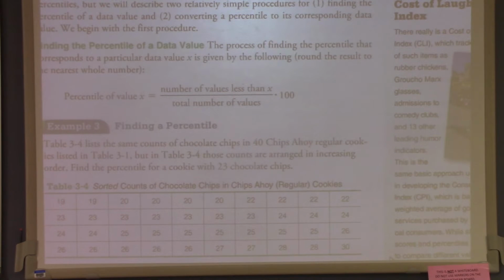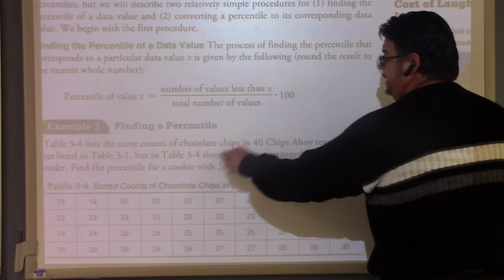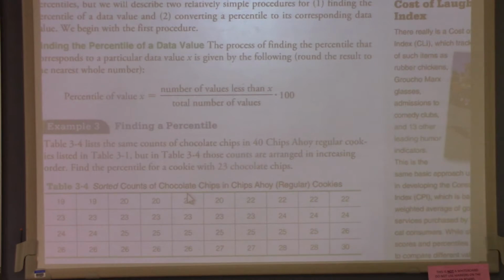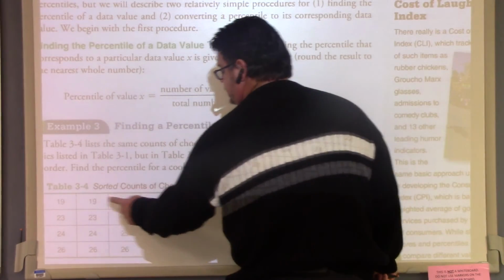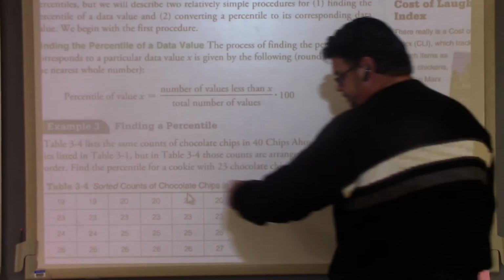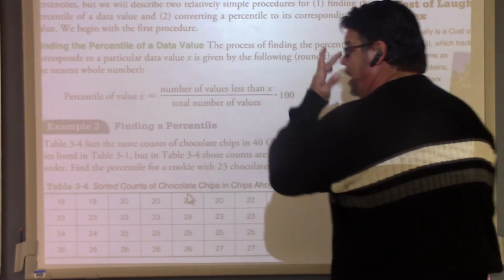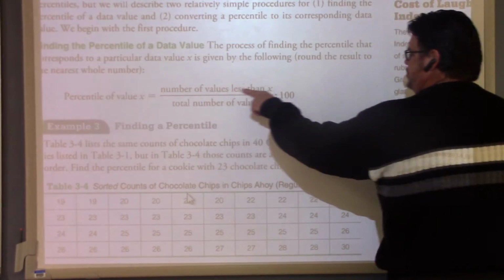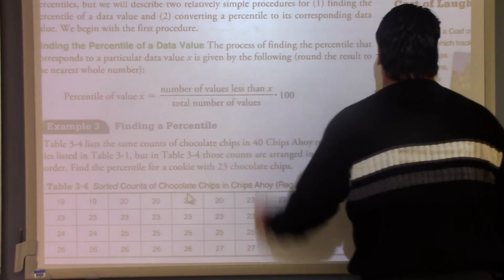What percentile is that? Well, you've got to count. Count where the first 23 is. 1, 2, 3, 4, 5, 6, 7, 8, 9, 10, 11. So how many values are less than 23? 10. So 10 goes right here.